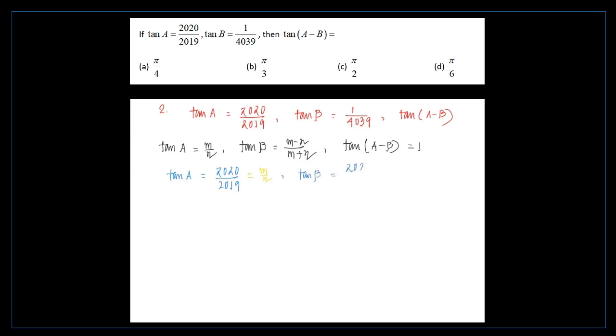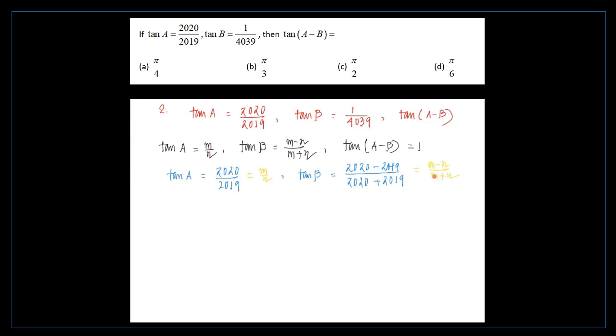So we can write the numerator as 2020 minus 2090, whole divided by 2020 plus 2090. Now this is the same as m minus n by m plus n. So we can see this is just in accordance with the given form.